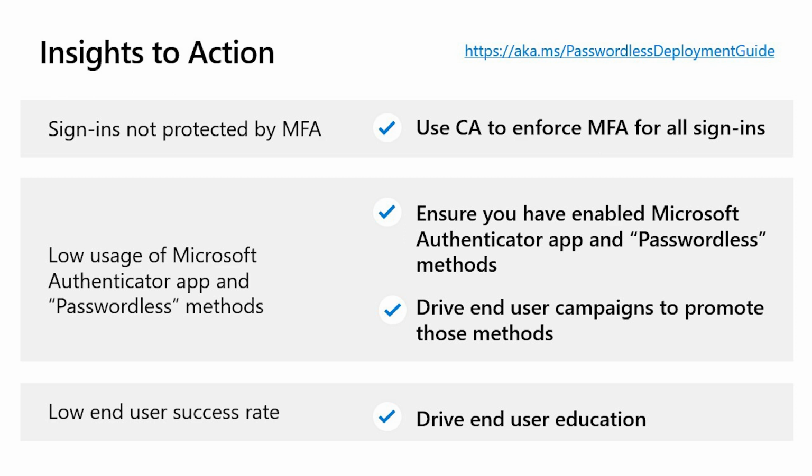If you have low usage of Microsoft Authenticator app and passwordless methods, make sure that you've enabled Microsoft Authenticator app and passwordless for your organization. Drive end-user campaigns to promote those more secure and usable authentication methods. Lastly, if you're seeing low success rates for registrations, ensure that you're driving end-user guidance, helping them on how to register and use multi-factor authentication.